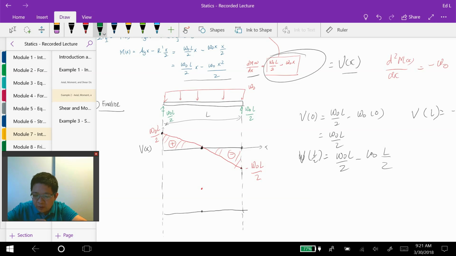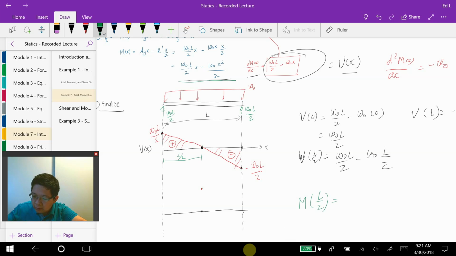So we have a local maximum when x equals L over 2, and we can calculate that by plugging x equal to L over 2 into the moment equation.